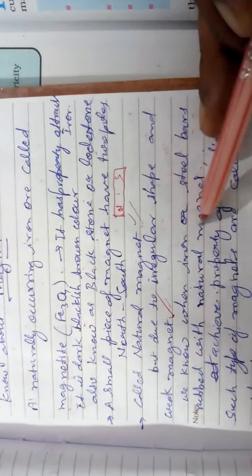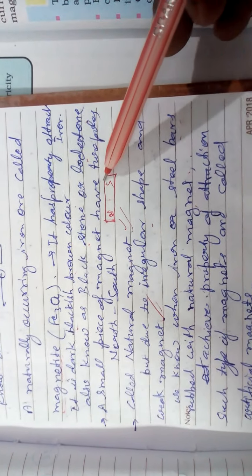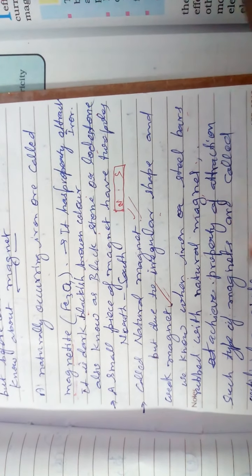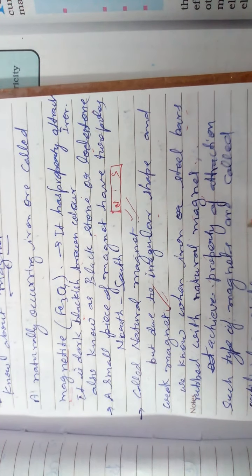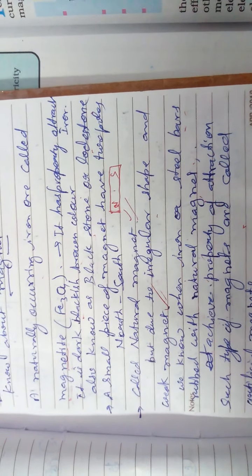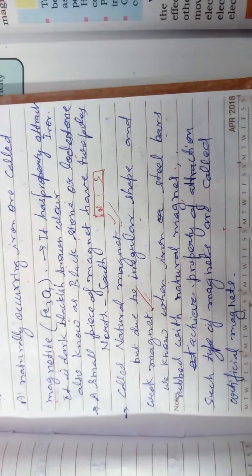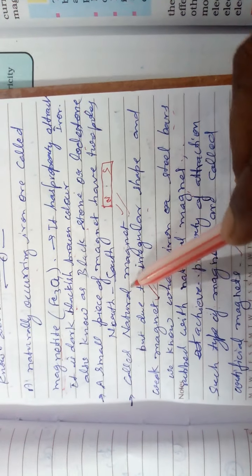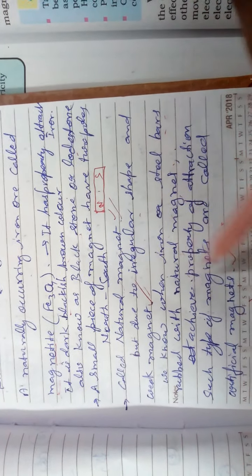This type of magnet, which you form from steel or iron with the help of a natural magnet, is called an artificial magnet. One is a natural magnet and one is artificial. Both have the same property, but the artificial one is a strong magnet.